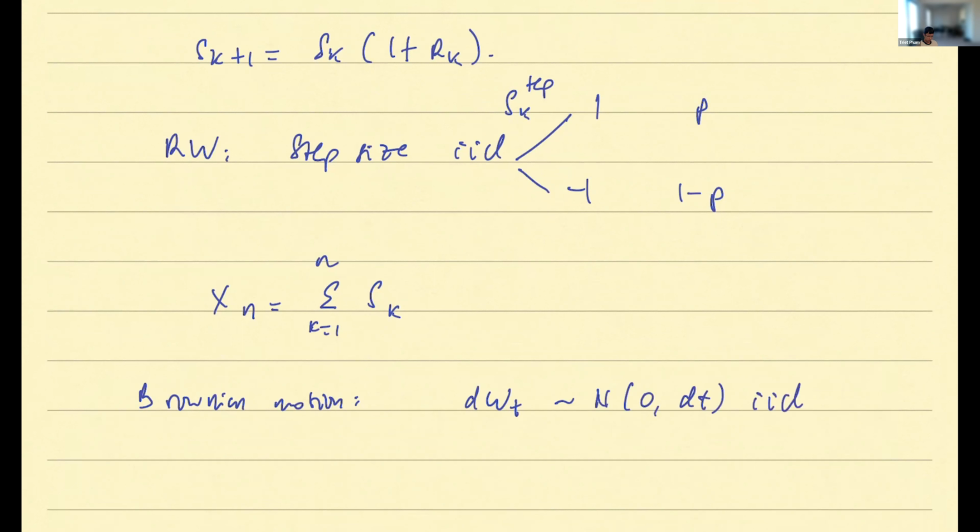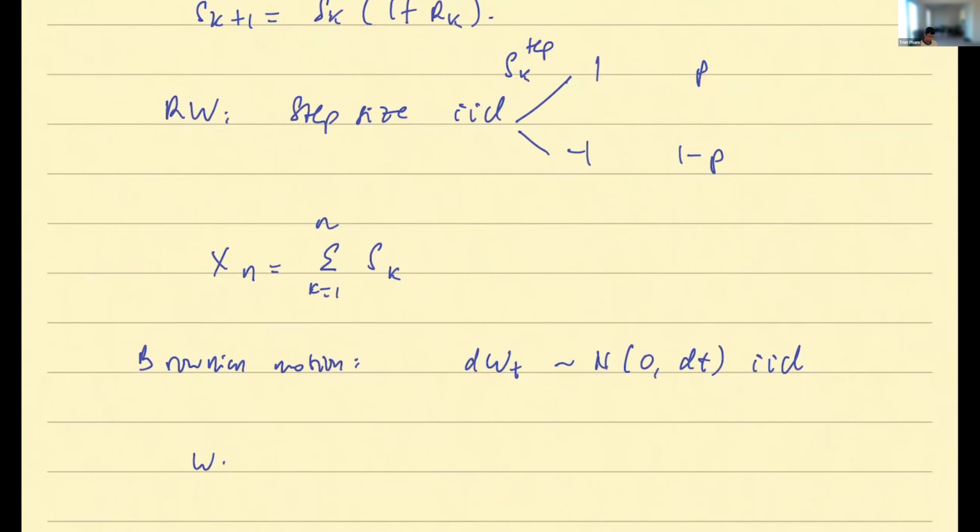Of course, we have to be careful about what this is. And then you build up the Brownian motion from the change in the Brownian motion, the differential. So actually, this and this are very similar ideas, except that one is discrete and one is continuous. And that's why Brownian motion is a continuous-time random walk version.